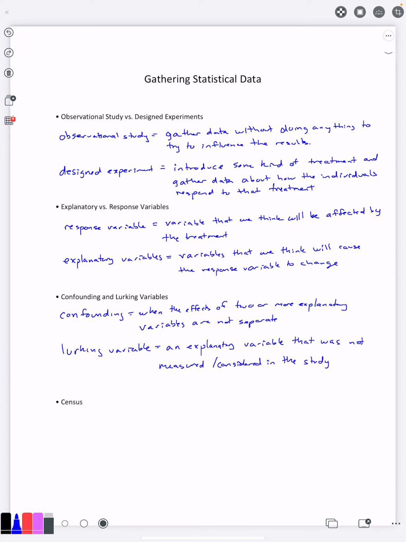So if you have an explanatory variable that was not even dealt with at all when you were doing your data collection, that's going to be a lurking variable, and that lurking variable may cause confounding because it may be affecting the response variable.